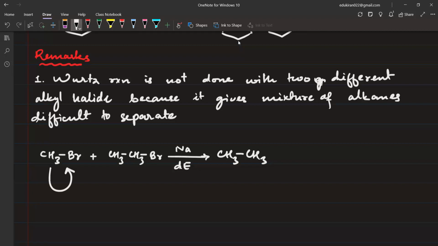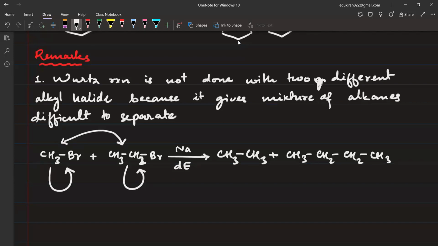Some ethyl bromide will come into contact with ethyl bromide, react with each other in the presence of sodium and dry ether, and give CH3CH2CH2CH3. Some ethyl bromide will come into contact with methyl bromide and react, forming CH3CH2CH3.